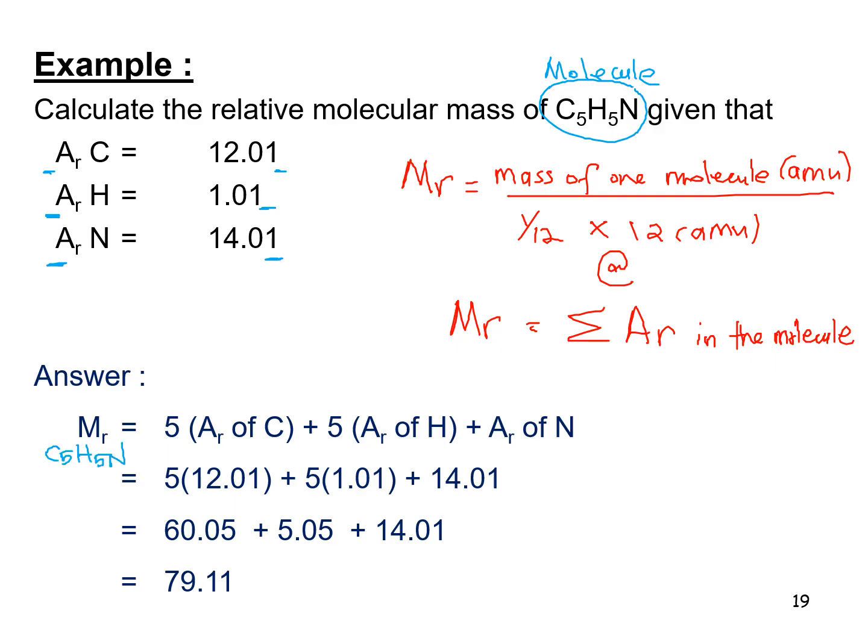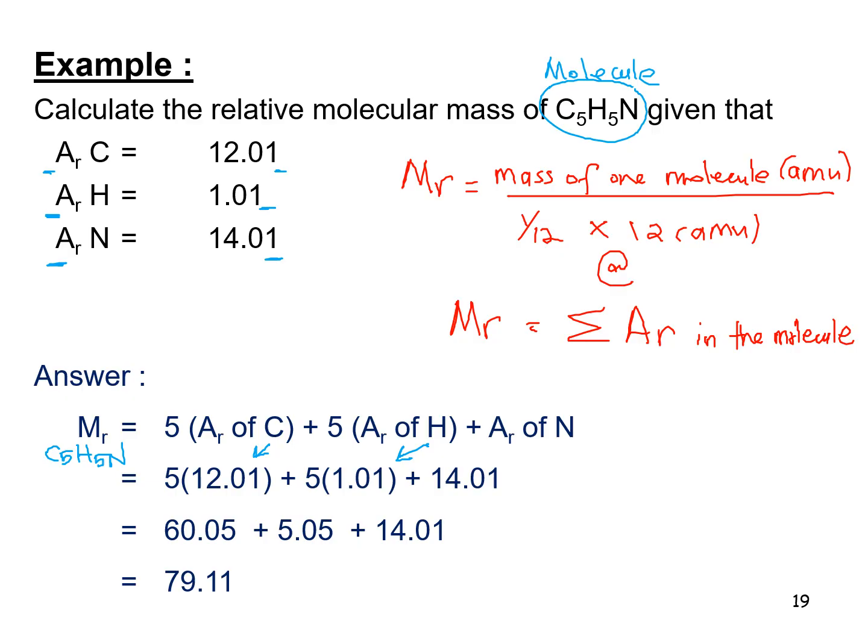So the answer untuk mencari molecular mass of C5H5N, you just kira je the summation for all the relative atomic masses of the atoms in the molecule. Kita tahu kita ada 5 carbon, jadi 5 kalikan dengan relative atomic mass of carbon, which is 12.01. And kita tahu kita ada 5 hydrogen, so 5 campurkan dengan 5 kalikan dengan relative atomic mass of hydrogen, which is 1.01.